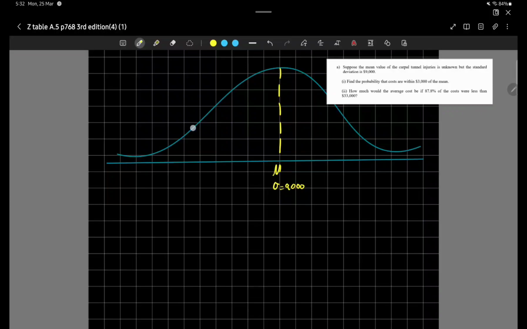Write down what we know. Sigma equals 9,000. Our x variable will be the 33. Mu is unknown. Z is unknown given our Z table.